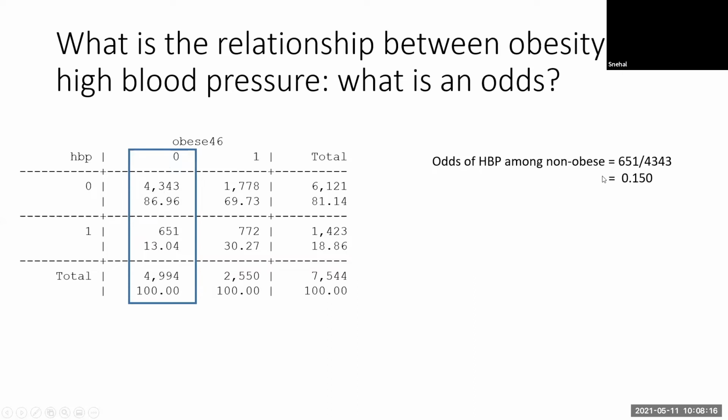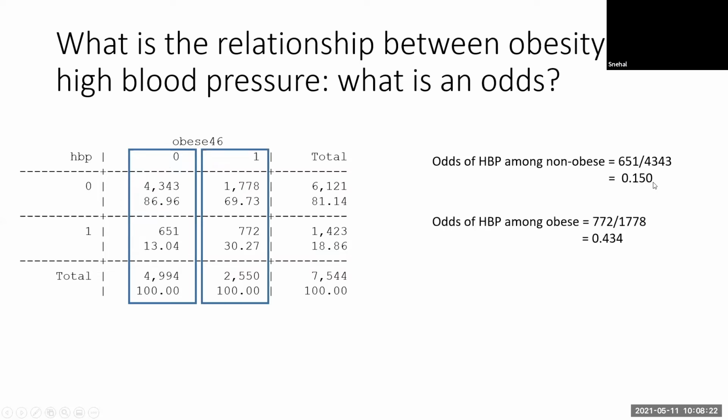So the odds of high blood pressure is going to be 0.15. Then the odds of high blood pressure among the obese, likewise, is going to be this 772 divided by 1,778. So it's the number of people who have high blood pressure and are obese divided by the number of people who don't have high blood pressure but are obese.